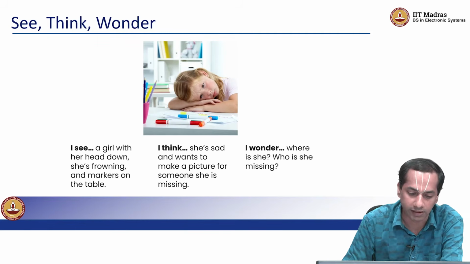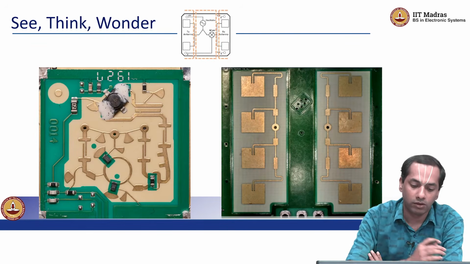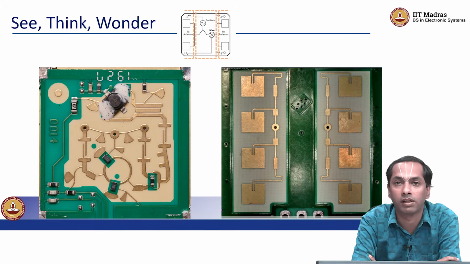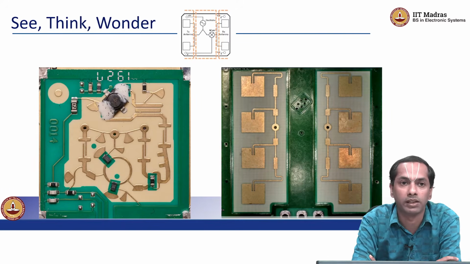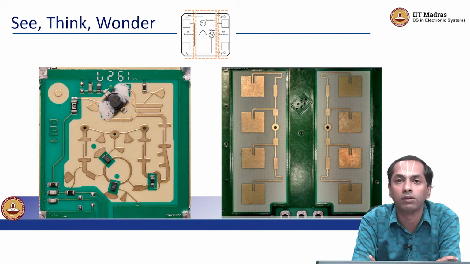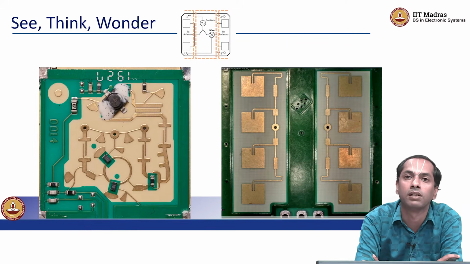So, let us take an example. If I flash you an image, right? This is a product that is available that you can buy, and if you open up one of these boxes, I find a PCB board, and these are the front and back view images of this PCB, right? For someone who is coming from high school, this is not how you expected to see your circuit designs, right?